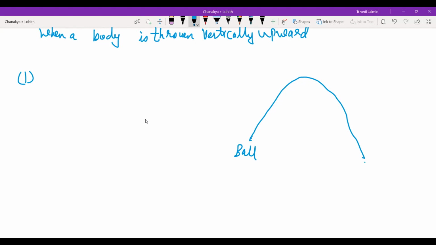So at every moment, this object acts under gravity.